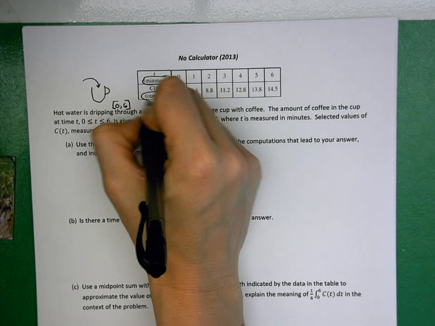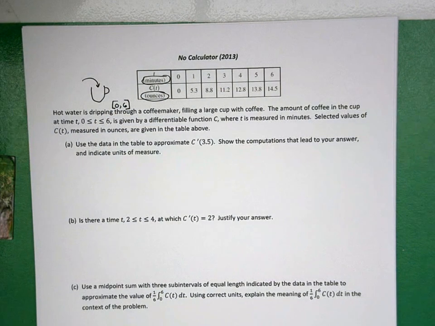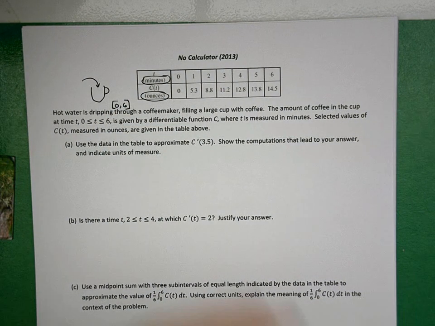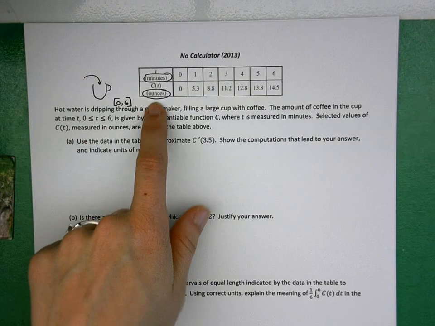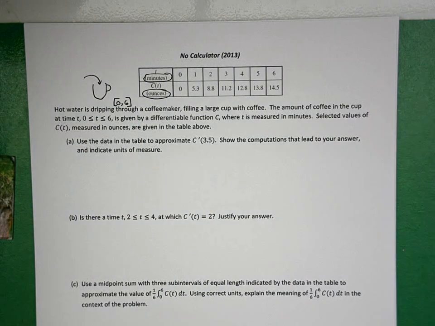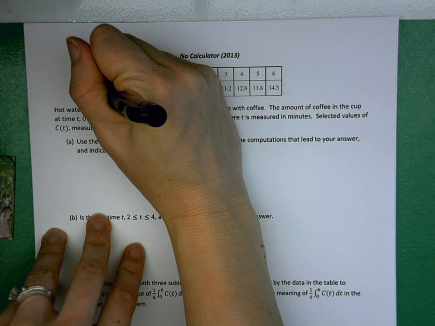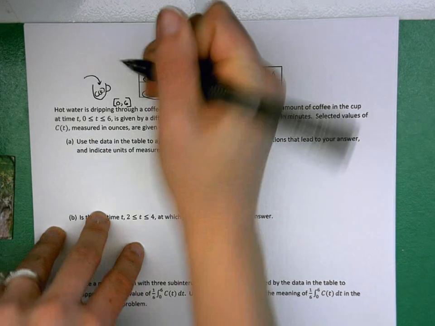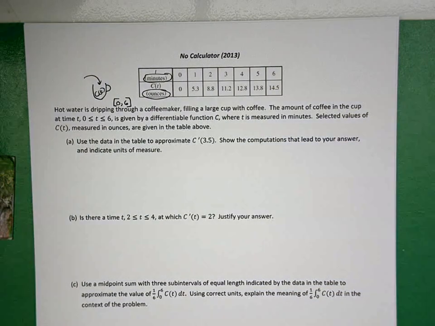Selected values of t, C of t measured in ounces, like we talked about earlier, are given in the table above. C again is what's inside the cup. So I'm going to put C of t in my cup to remind myself that's what C is representing. Okay? So, part A, use the data in the table to approximate C prime of 3.5. Show the computations that lead to your answer and indicate units of measure.